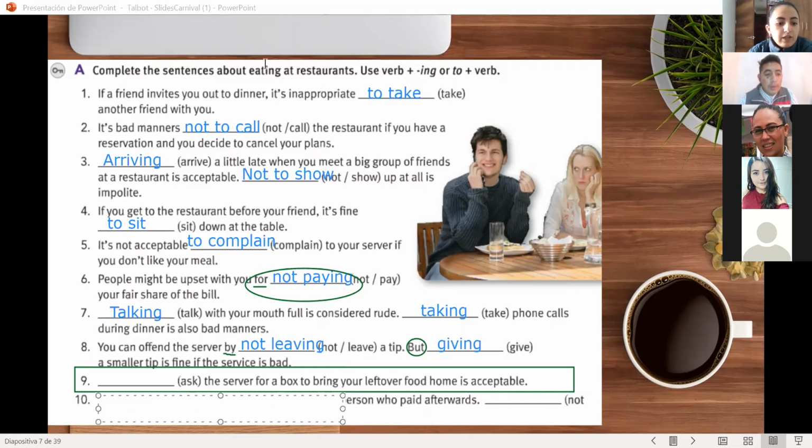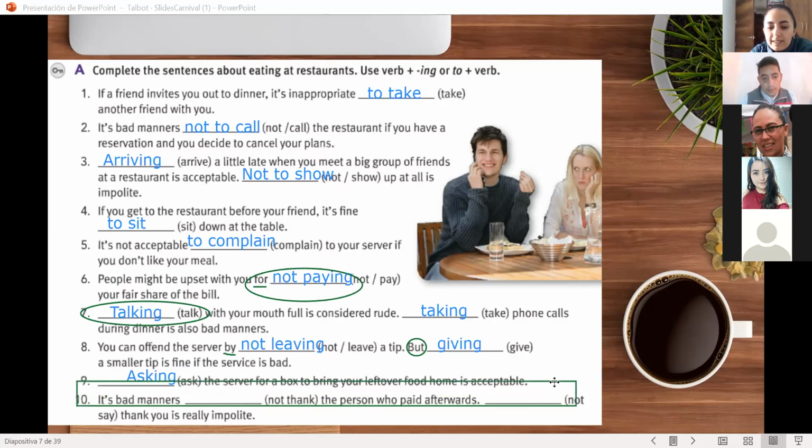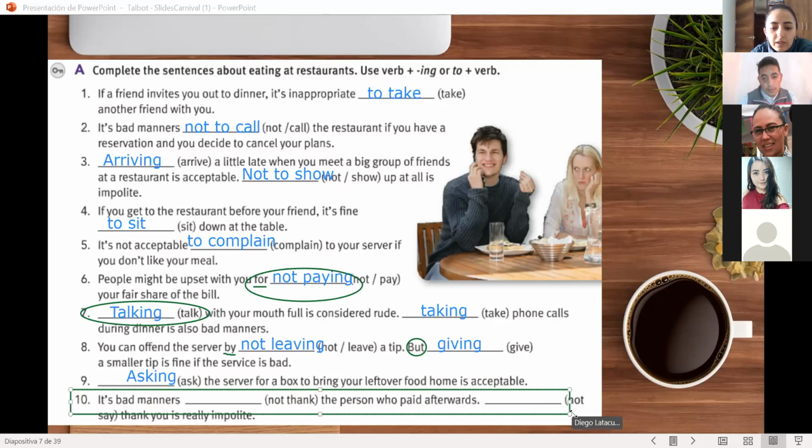Okay. ¿Cómo decíamos que empezaba el verbo al inicio de la oración? Remember, it's the same case like in statement 7. Exactly. Asking the server for a box to bring your leftover food home is acceptable. Así que no se sientan mal si piden una tarrinita para llevar porque sí es algo aceptable. Eso nos dice.